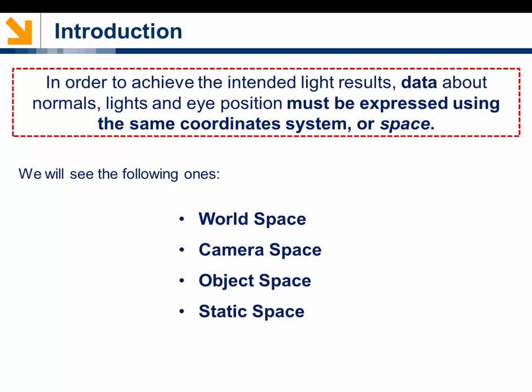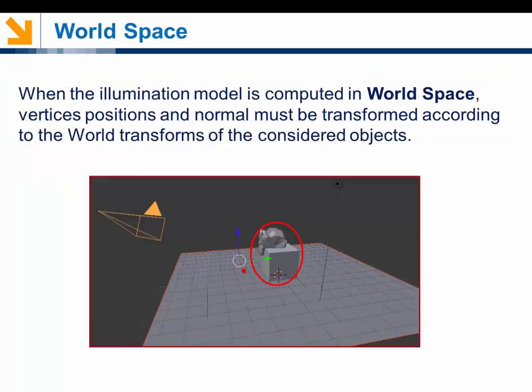So there is the local space, there is the world space, there is the view space, and those three spaces are those that are more commonly used as the reference world for the visualization. So let's start with the world space. World space, let's say that it is the easiest to understand.